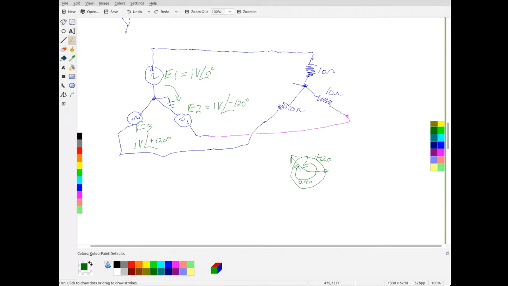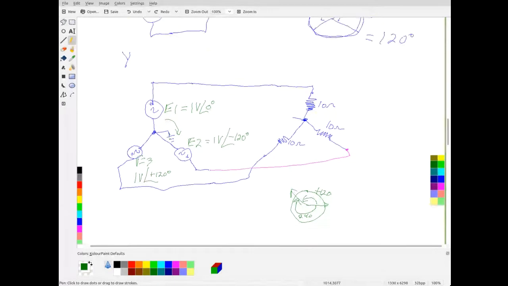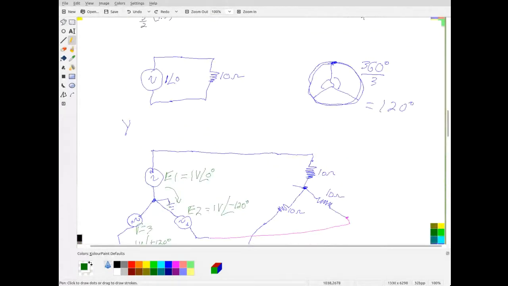The whole idea here is that because we have a circle, and a circle is 360 degrees, and we want this to be balanced. We're doing 3 phases, and we want them balanced, and so therefore it's going to be 120 degrees phase shift.